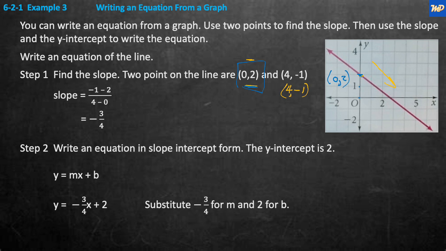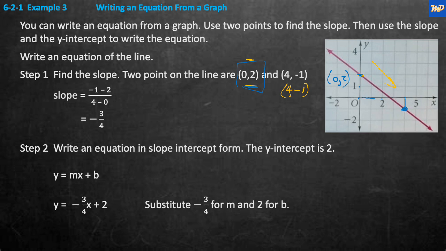And the ending position is 4 comma negative 1. So we're going to go from x, 1, 2, 3, 4, and then down 1, negative 1, to here.